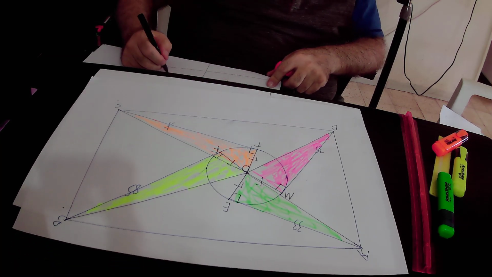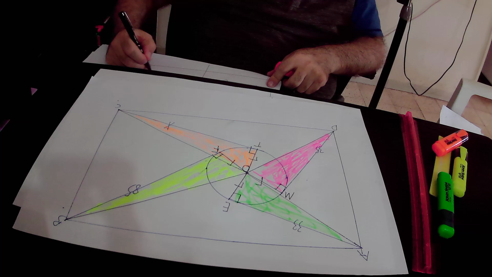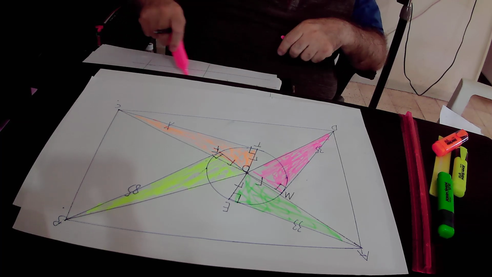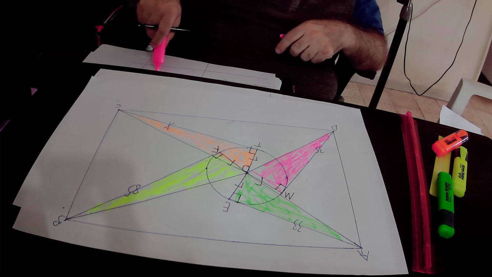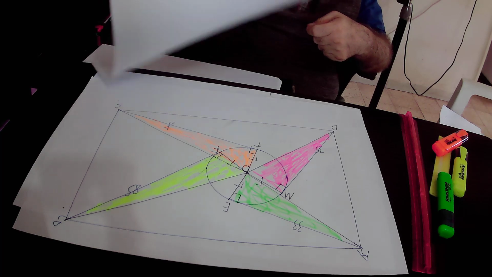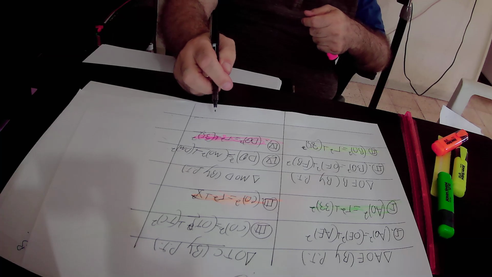MO is R, so MO squared is R squared plus DM squared. DM equals 35, therefore DM squared is 35 squared. So in conclusion, according to equation number 4, DO squared equals R squared plus 35 squared.